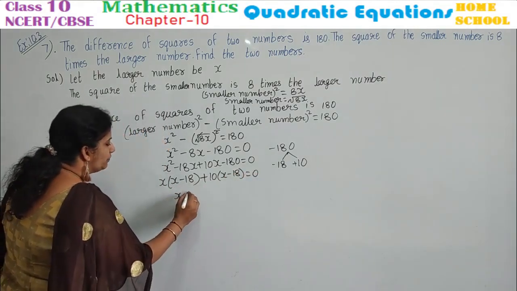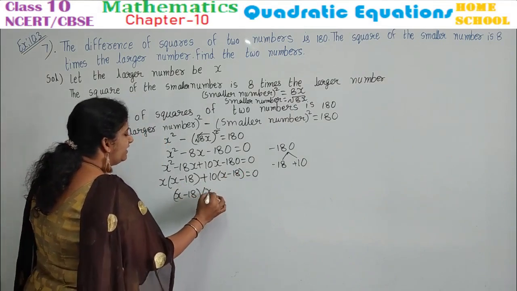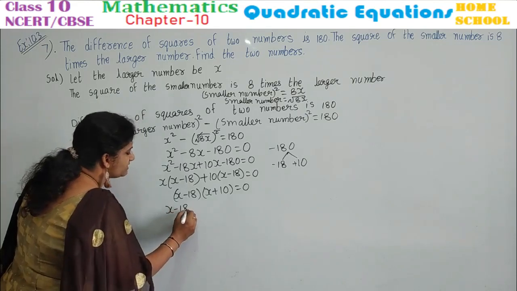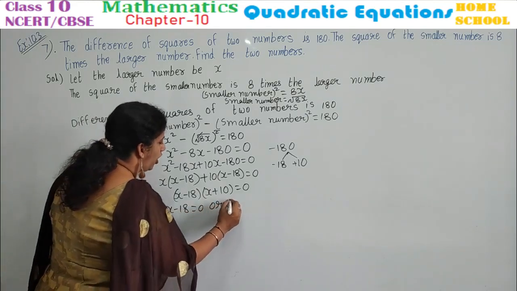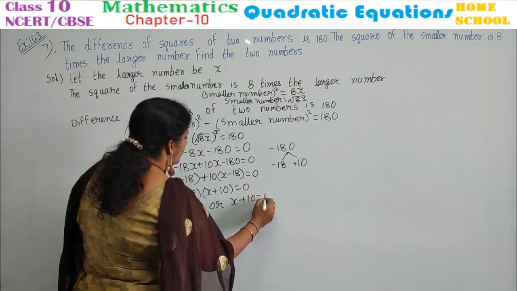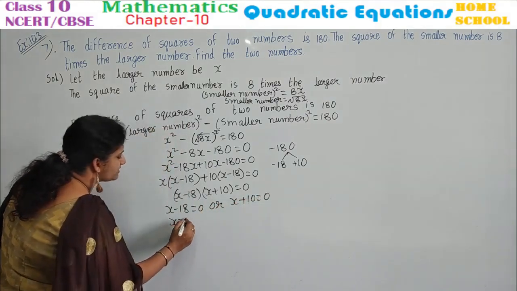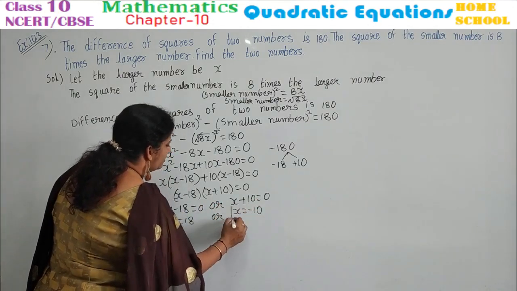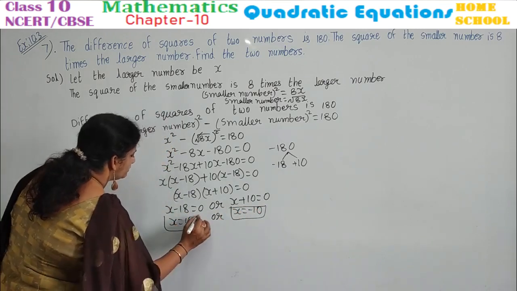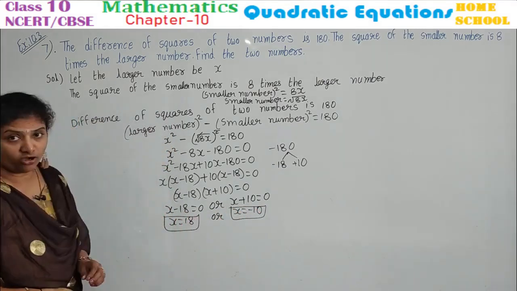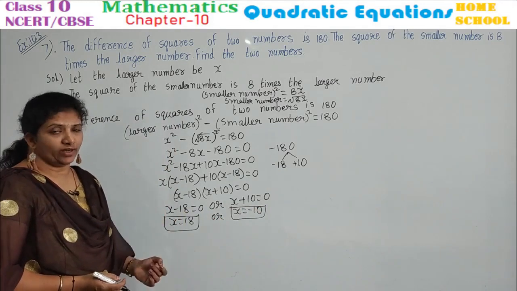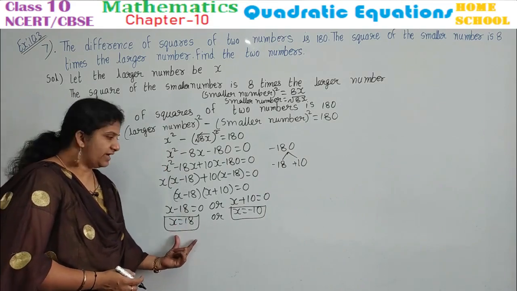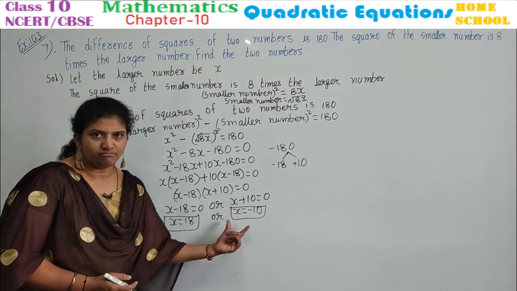Again in these two, x minus 18 into x plus 10 equal to 0. x minus 18 equal to 0 or x plus 10 equal to 0. x is equal to 18 or x is equal to minus 10. Now look here, what are we talking about? We are talking about the two numbers. We need to find the two numbers. The roots of this equation are x is equal to 18 and x is equal to minus 10.